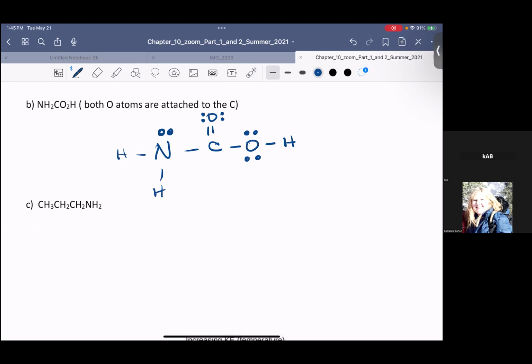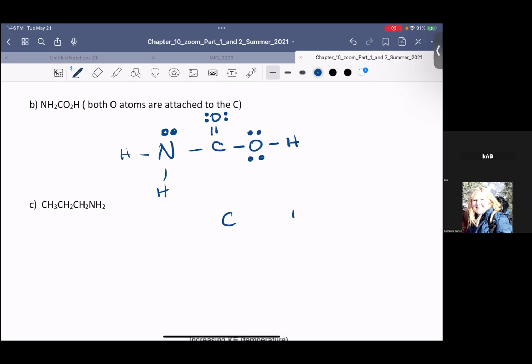Okay, obeying the octet rule and obeying the rules of carbon, 4 bonds, nitrogen, 3 bonds, 1 lone pair, oxygen, 2 bonds, 2 lone pairs. And if we can keep track of that, and yes, there are going to be exceptions, particularly if it's charged, but it's a really good place to start, and it's going to give you some nice structures.